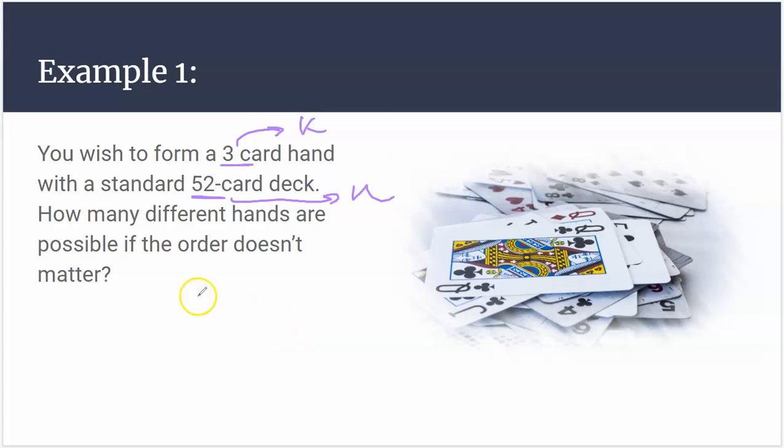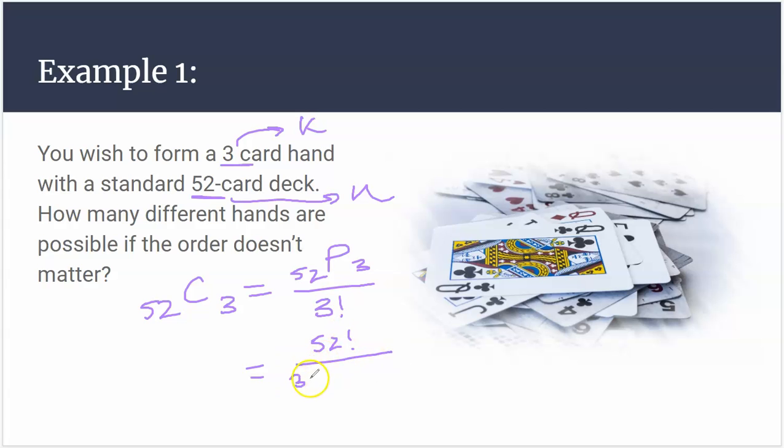So when we take a look at the formula, this is 52 choose 3, or we could write it as 52 pick 3 divided by 3 factorial, which is the same as 52 factorial over 3 factorial times 52 minus 3 factorial, which sounds like a lot of work.